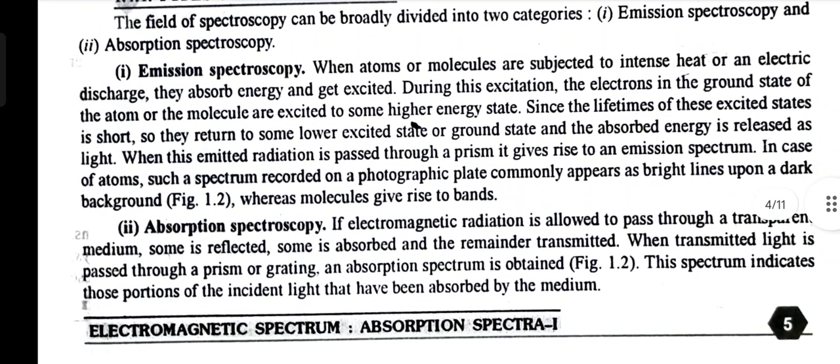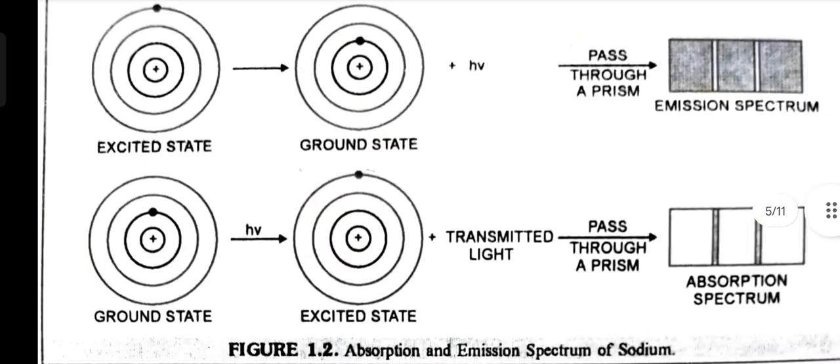Now, second, absorption spectroscopy. If electromagnetic radiation is allowed to pass through a transparent medium, some is reflected, some is absorbed, and the remainder is transmitted. When transmitted light is passed through a prism or grating, an absorption spectrum is obtained. This spectrum indicates those portions of the incident light that have been absorbed by the medium.